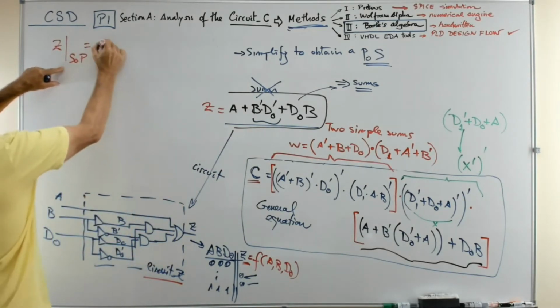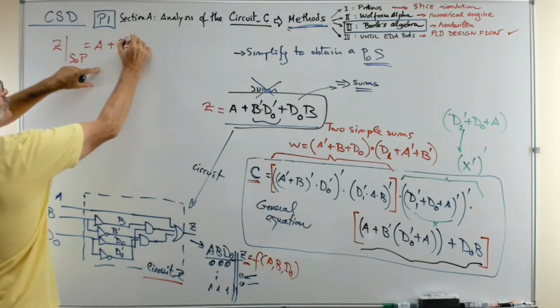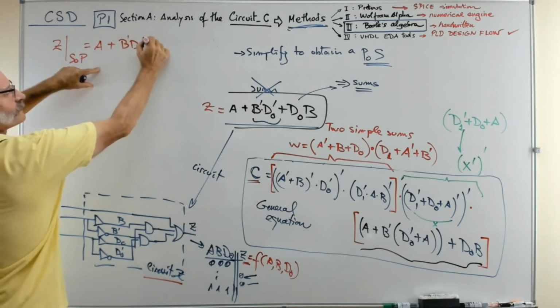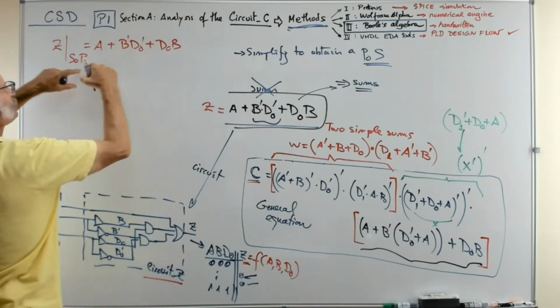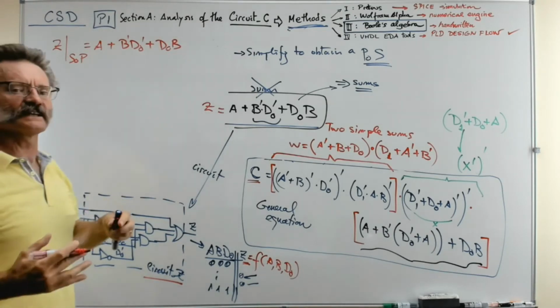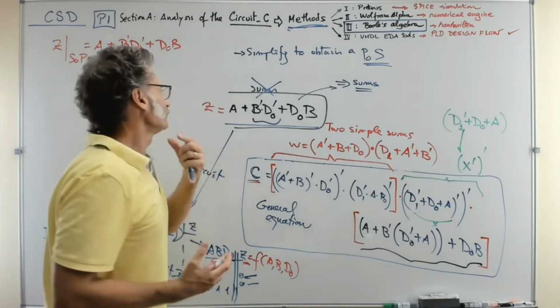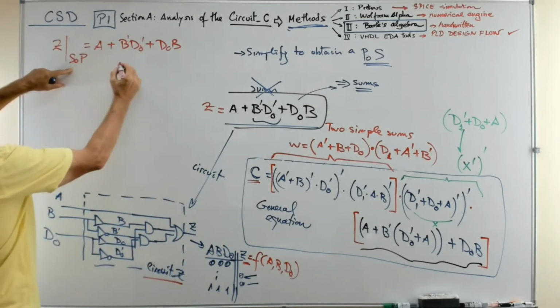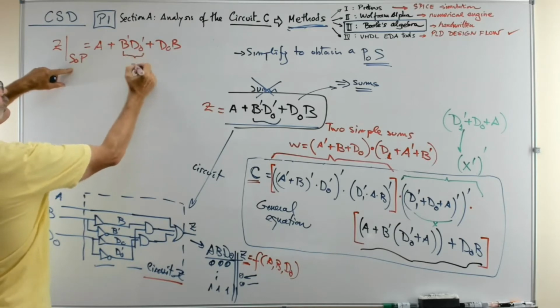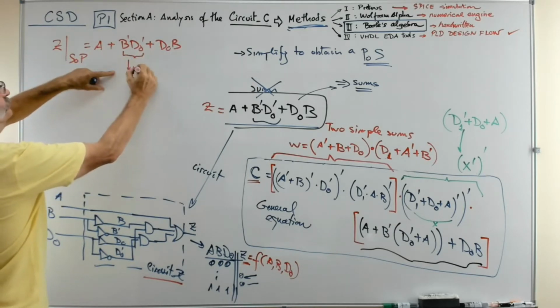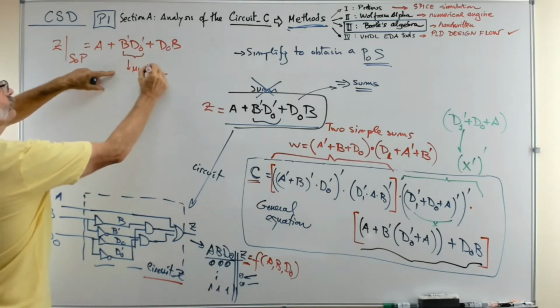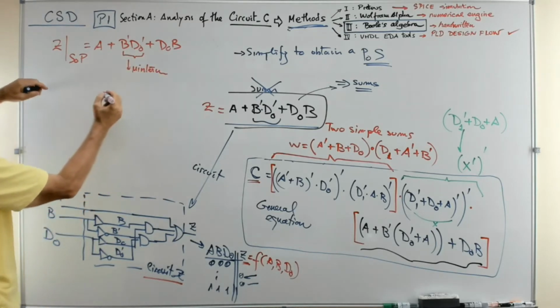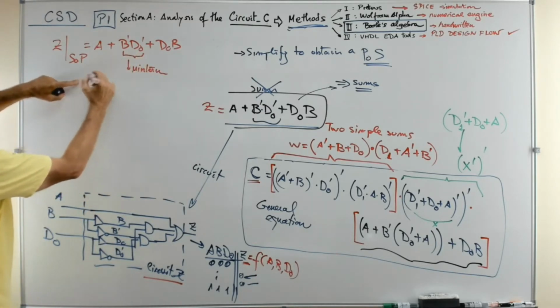Very well, like that: A, B naught, D0 naught, or D0B. This is a sum of products. So if you do not think of anything else, this is perfectly well a sum of products. Now what you have to do is transform every term into minterms, the products into minterms. And how are you going to do that? Well, introducing the missing variables.